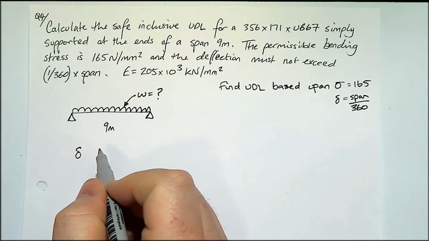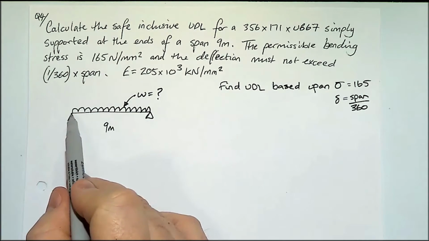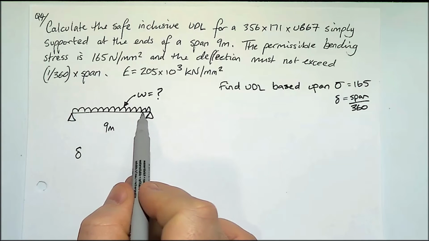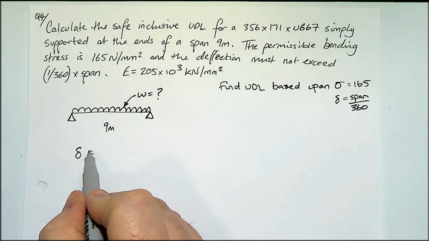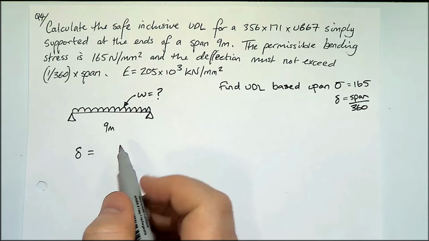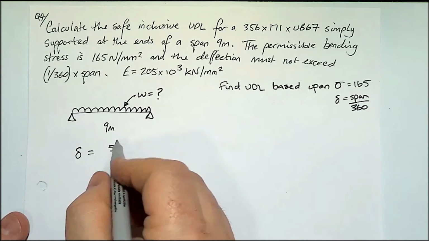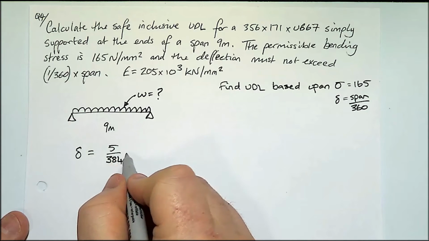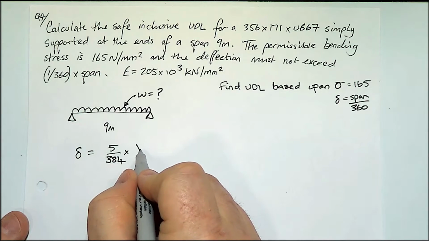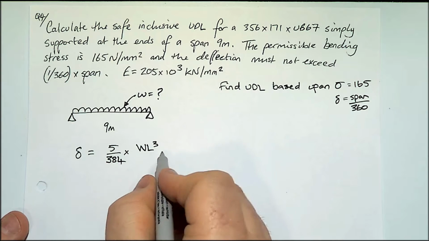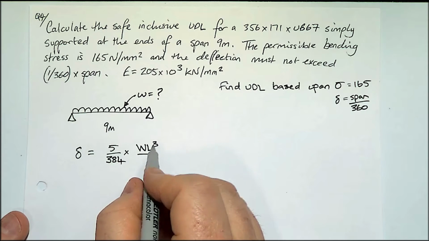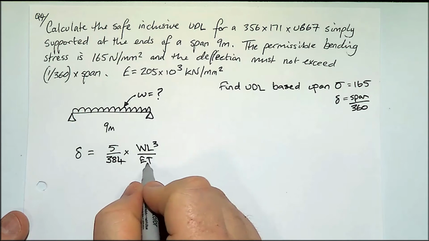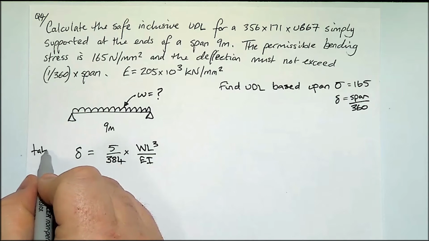So again, looking in your handout, looking for a simply supported beam with a UDL, our maximum deflection, you'd have to get this from the table, is 5 over 384 times WL cubed over EI. So that's from the table.